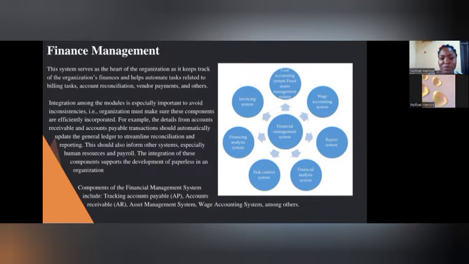That is, the organization must make sure these components are efficiently incorporated. For example, the details from accounts receivable and accounts payable transactions should automatically update the general ledger to streamline reconciliation and reporting. There are various components of the financial management system, which are tracking accounts payable, accounts receivable, the asset management system, and wage accounting.